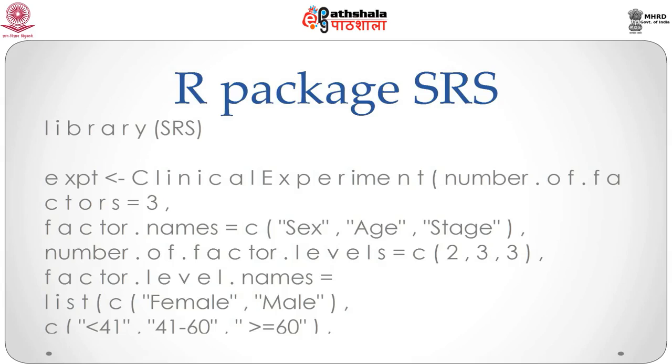To implement this, we would use randomizer$randomize with subject ID equal to something and factor values, say male, greater than or equal to 60, and 3. Then using the function lastRandomization(randomizer), we can get the treatment allocation for this subject.